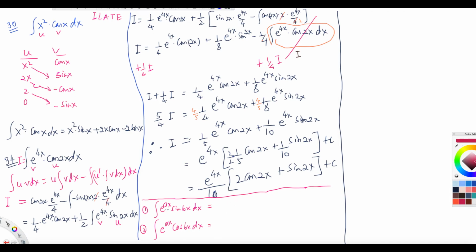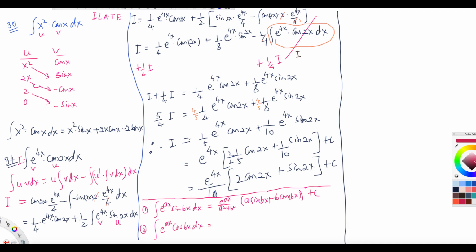So that formula for e to the ax sine bx will be e to the ax over a square plus b square, and then you write a sine bx for the sine, minus b cosine bx, and then plus c.